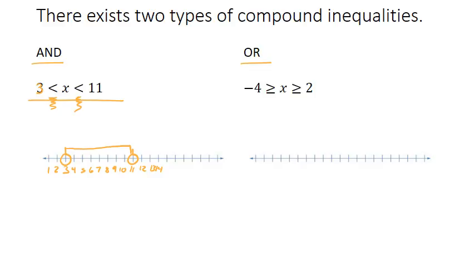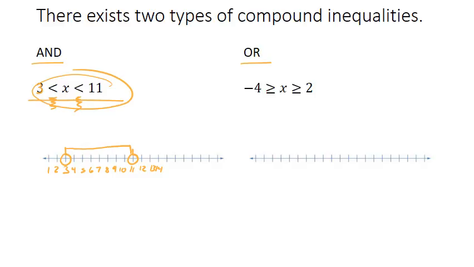It creates this region of values that are greater than 3 and less than 11, which is what this statement up here is saying. We call this an AND compound inequality because the value of x has to both be greater than 3 and it has to be less than 11.